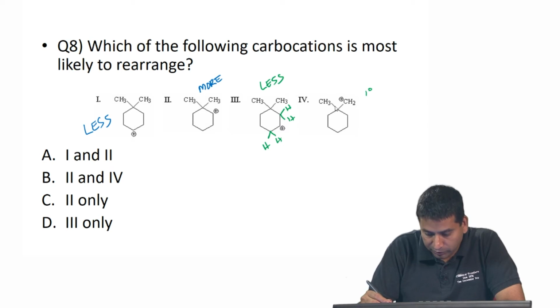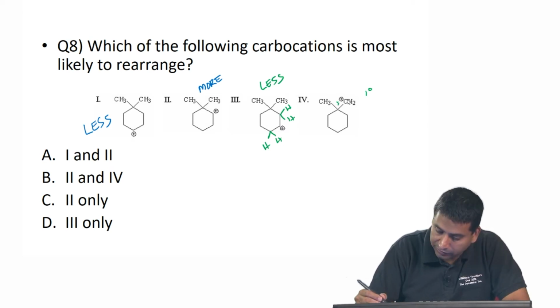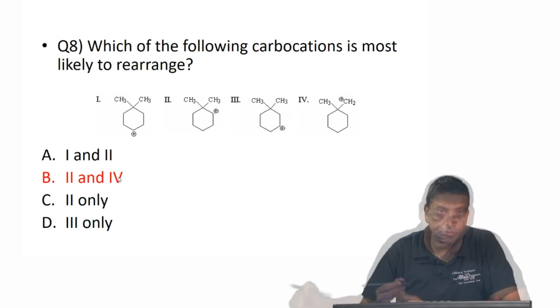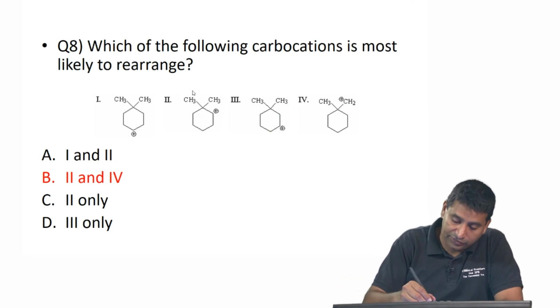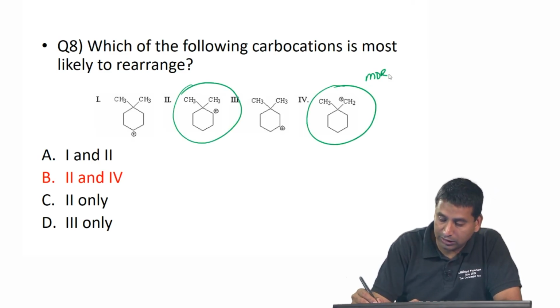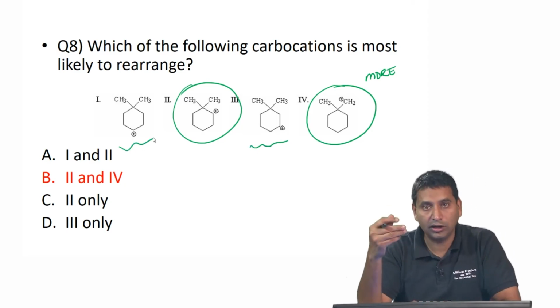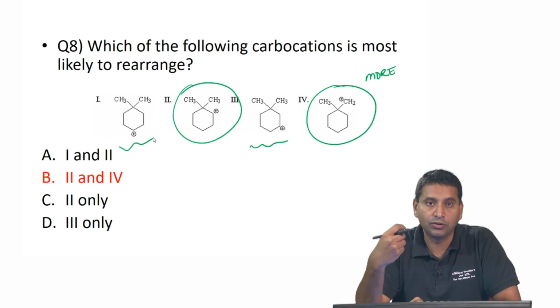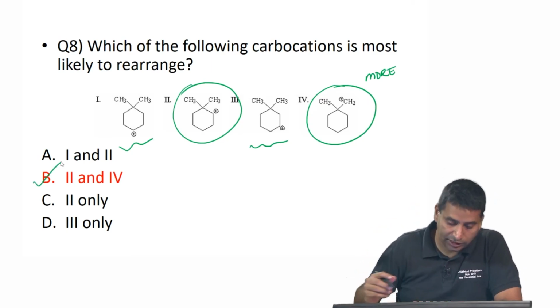So, it is possible that either the methyl group migrates, or it is also possible that this cyclohexane can migrate, right, and both of these will end up with a more stable carbocation. So, therefore, the correct answer is that this and this are more likely to rearrange, whereas this and this do not gain any additional stability by rearranging. So, the correct answer would be 2 and 4.